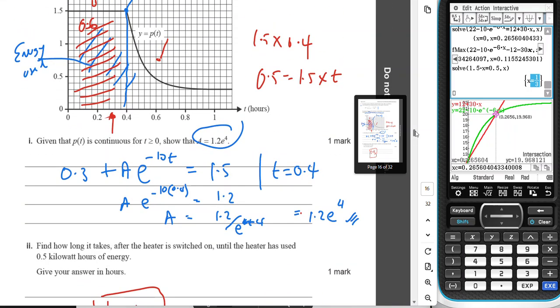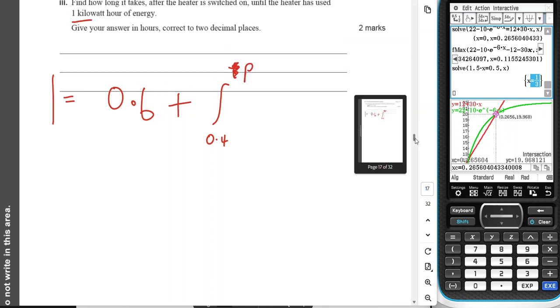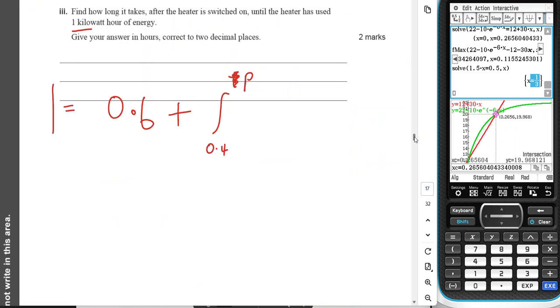So then I'm going to be integrating from 0.4 to t, no, let's call that p, of, now what's my rule? My rule is 0.3 plus 1.2 e to the 4 e to the minus 10t dt, and solve that.